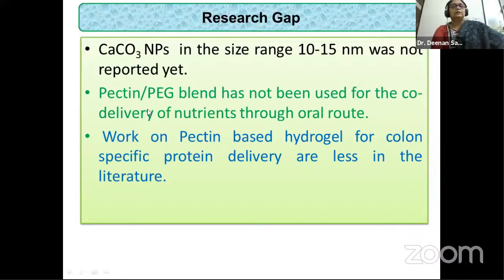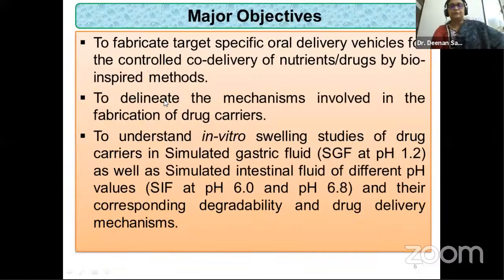And we have chosen another matrix for synthesizing the calcium carbonate nanoparticles, that is a pectin and PEG blend. PEG is polyethylene glycol.